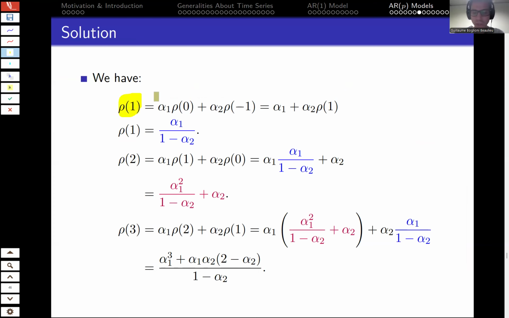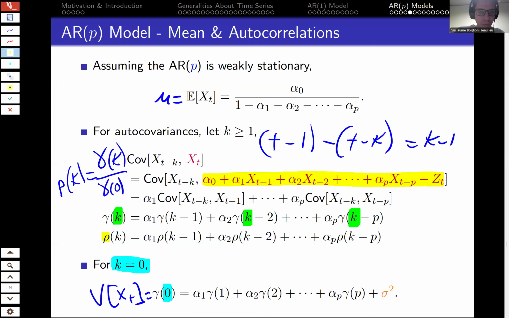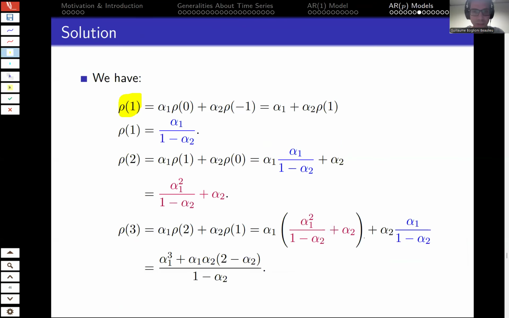Just look at your general formula over here for the rhos. Rho 1 would be alpha 1 rho 0, if k is 1 here, plus alpha 2 rho minus 1, and that's it, because we have AR(2). So here we stop at the term k minus 2, which in this case is minus 1.